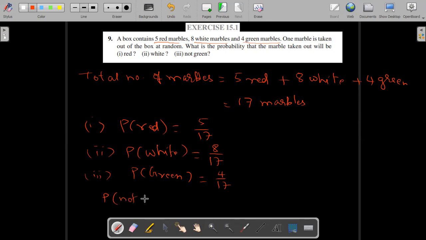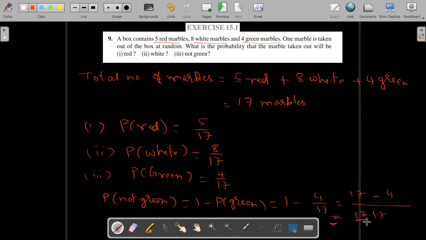So not green will be equal to 1 minus the probability of green, that is 1 minus 4 by 17. The LCM is 17, so 17 minus 4 is 13. So we get 13 upon 17.